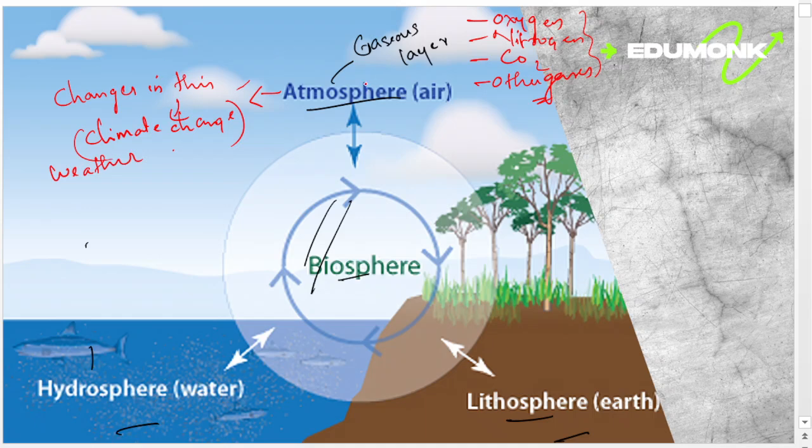This atmosphere extends up to a layer of 1600 kilometers. So the total height from mean sea level is 1600 kilometers. Then how is this atmosphere formed on our earth? In the last video we discussed what an atmosphere is and what kind of planets have an atmosphere.